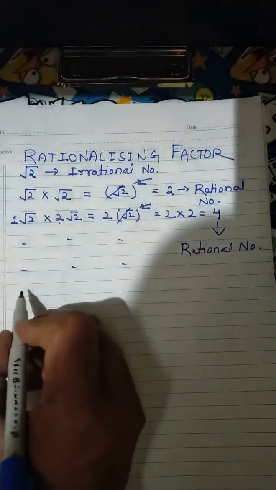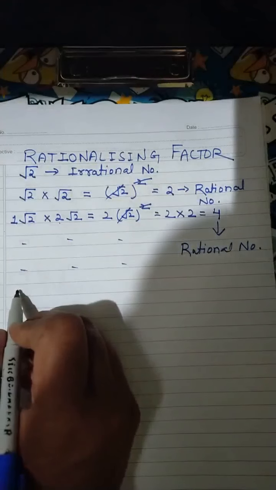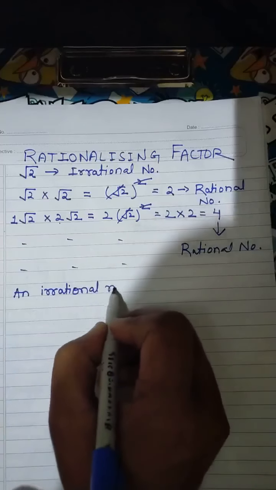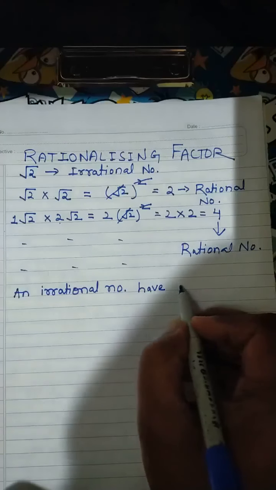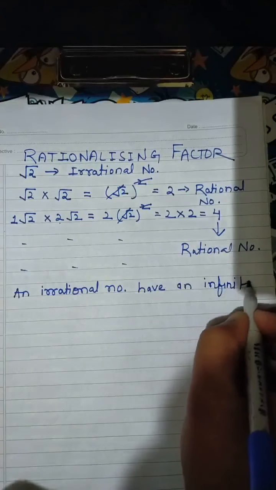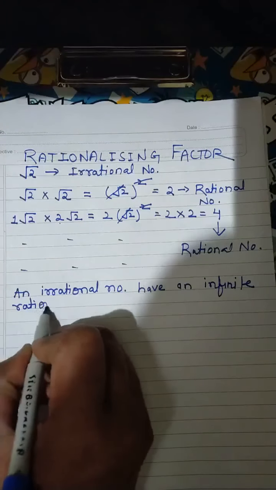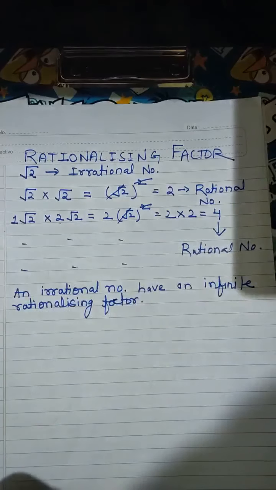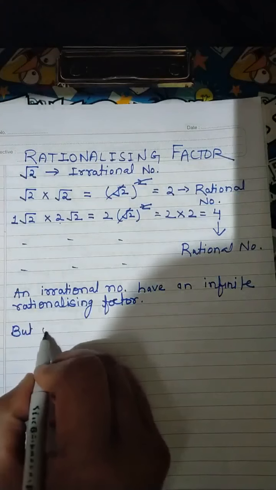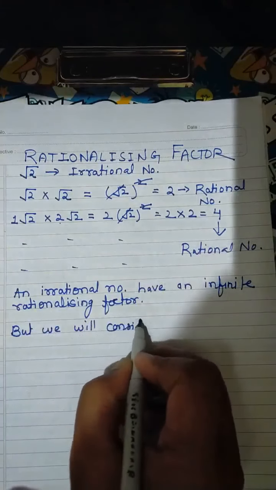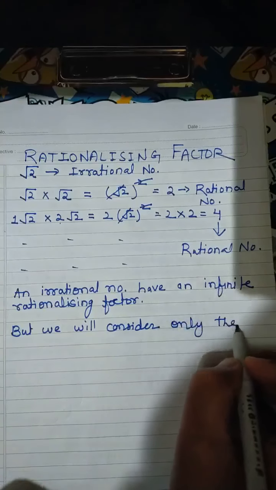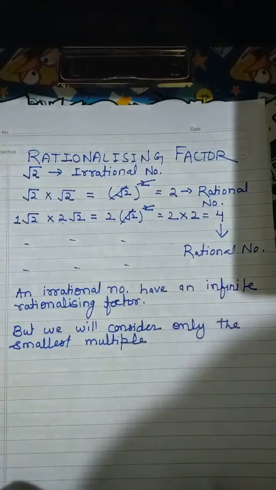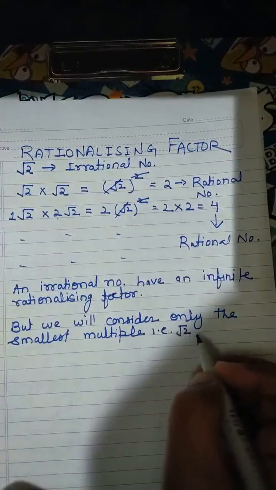So children, we can continue this to infinity. From here we can conclude that an irrational number has an infinite number of rationalizing factors, but we will consider only the smallest multiple, that is square root 2.